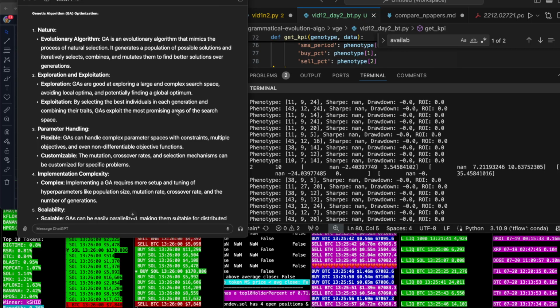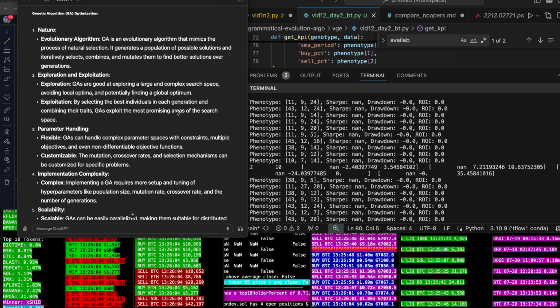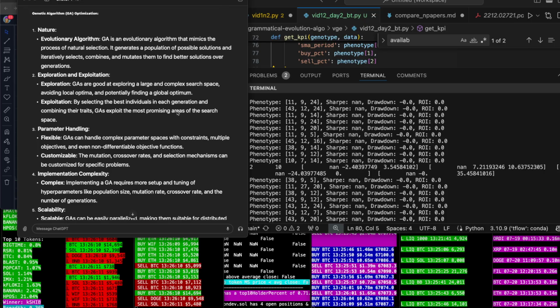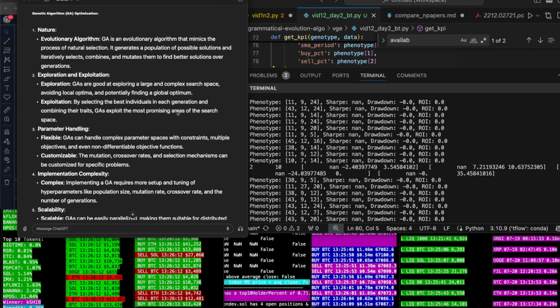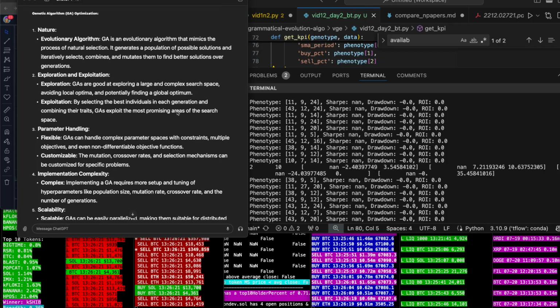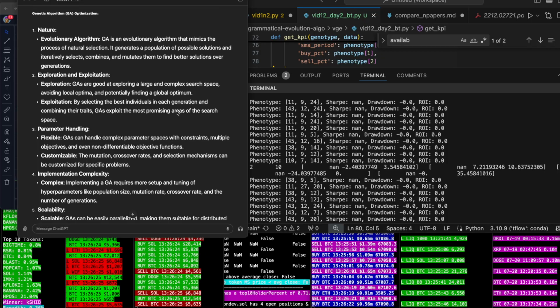Parameter handling: flexible. GAs can handle complex parameter spaces with constraints, multiple objectives, and even non-differentiable objective functions. Customizable: the mutation and crossover rates and selection mechanisms can be customized for specific problems. Implementation complexity: complex. Implementing a GA requires more setup and tuning of hyperparameters like population size, mutation rate, crossover rate, and number of generations.